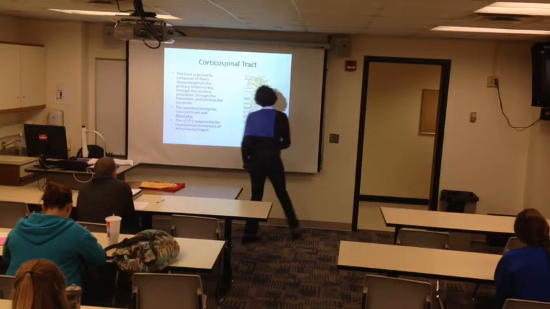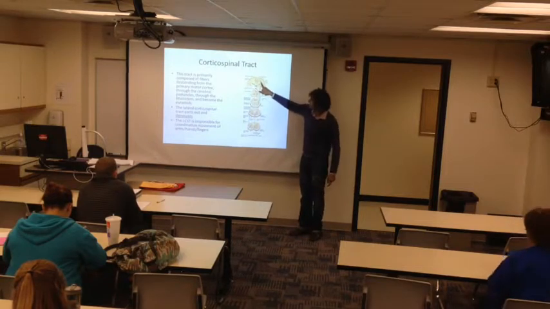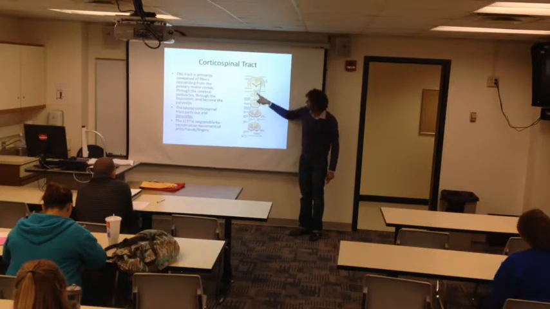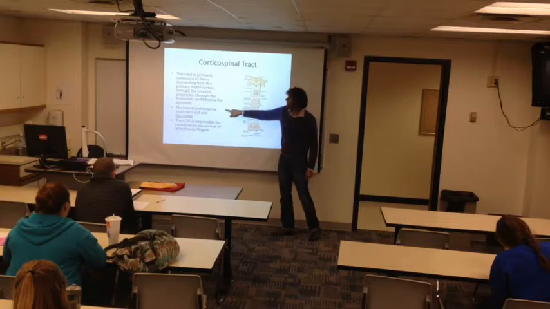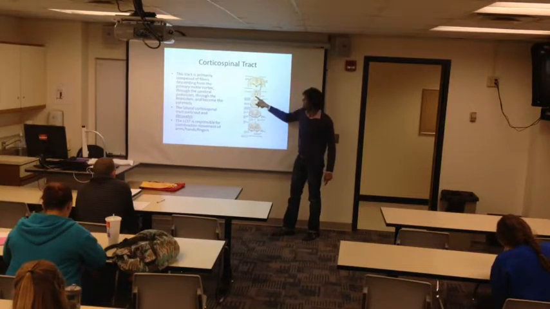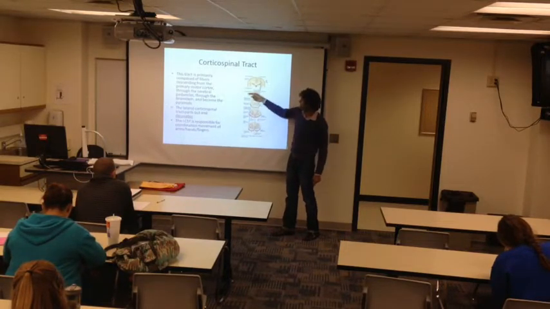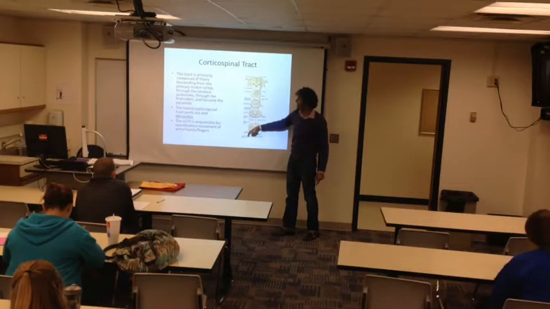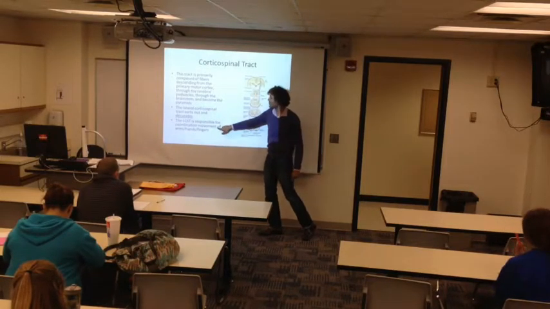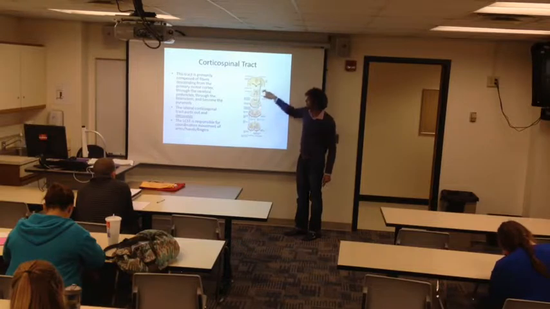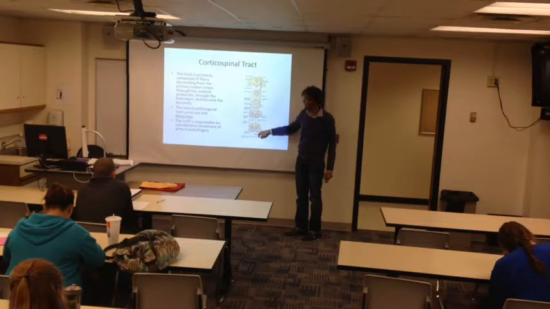The corticospinal tract starts in the cortex, it comes down, it actually splits in two. So there's a lateral corticospinal tract that splits and decussates in the brainstem, crosses sides, and then continues down the other side of the spine. There's also the ventromedial portion of the corticospinal tract. That portion stays ipsilateral.